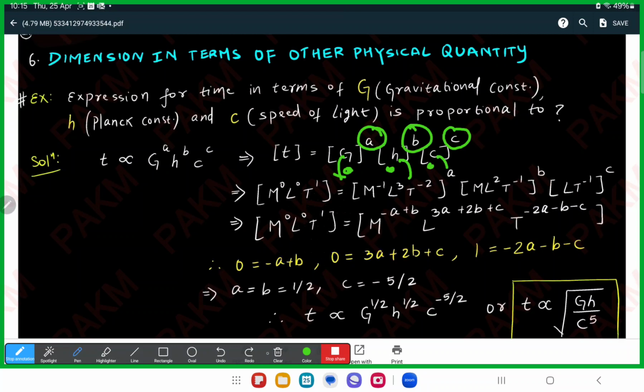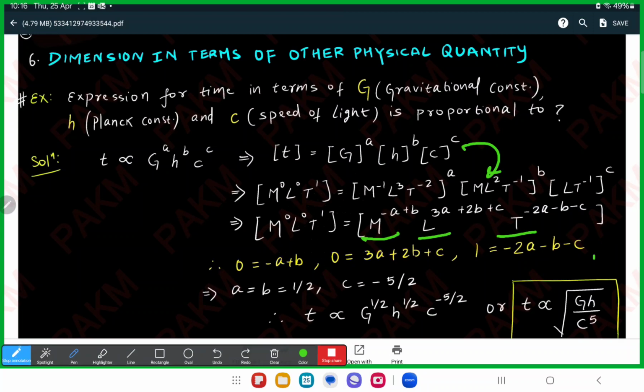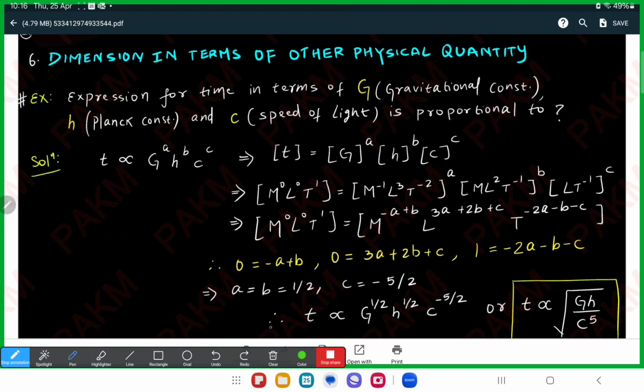So here you can see the next line, the dimensional formula, and then M power separate, L power separate, T power separate, and once we compare it, we will get three equations. By solving we can get the exponent values, and hence we can say T is equal to 1 under root GH upon SC power 5. Clear? I thought you have understood.